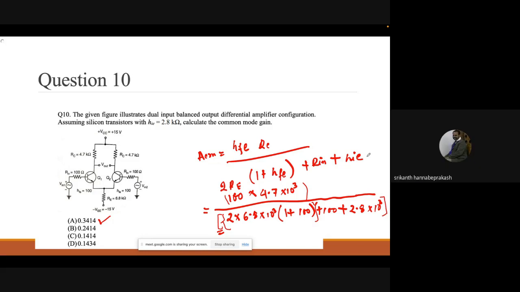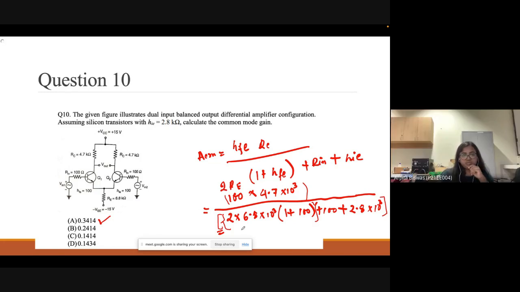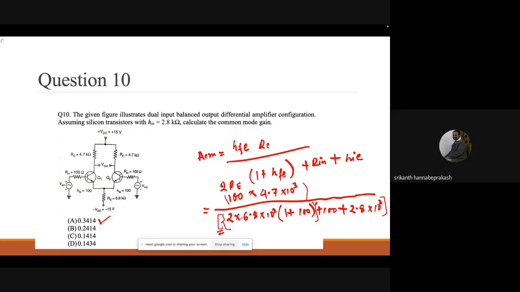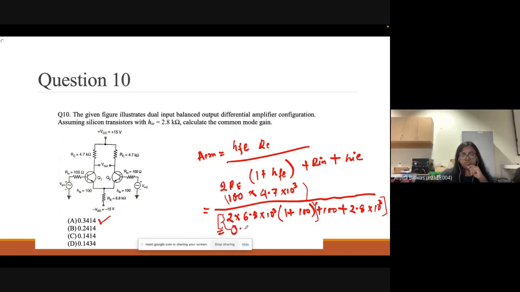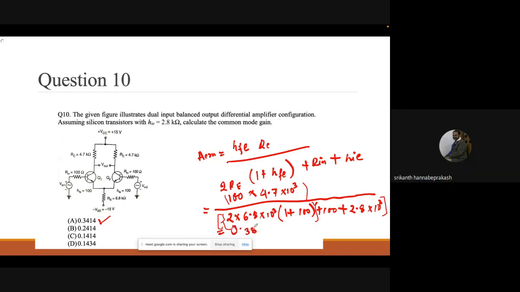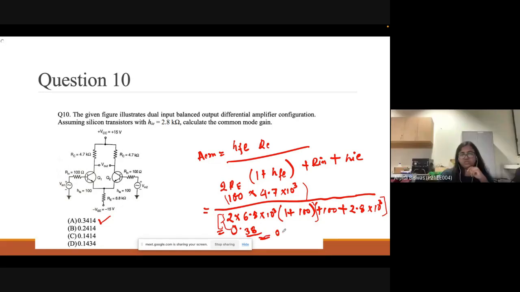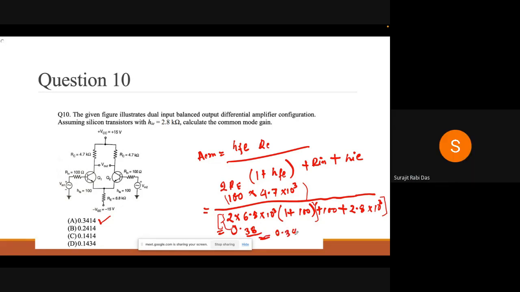Madam, answer is 0.3823. No, it's actually coming 0.34216. And what Shuri is saying, 0.34216.